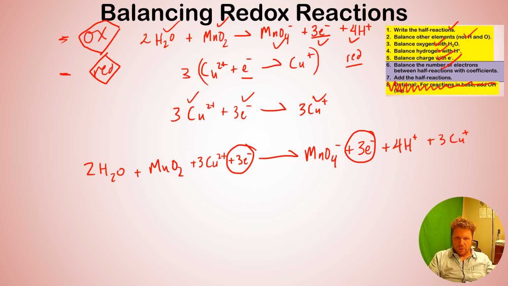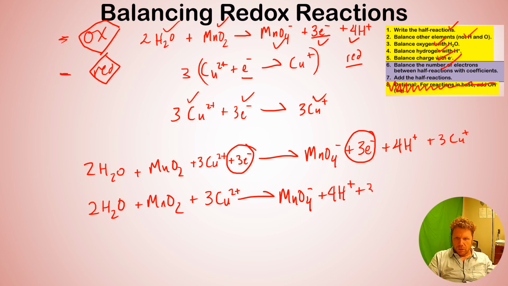So we don't need to include that, so my overall reaction is 2H2O plus MnO2 plus 3Cu2+ yields MnO4- plus 4H+ plus 3Cu+. That captures everything.